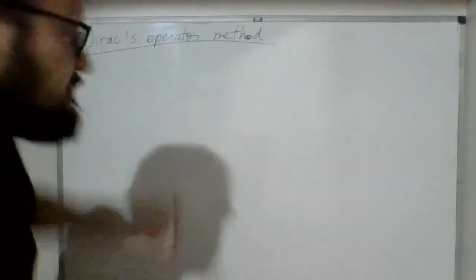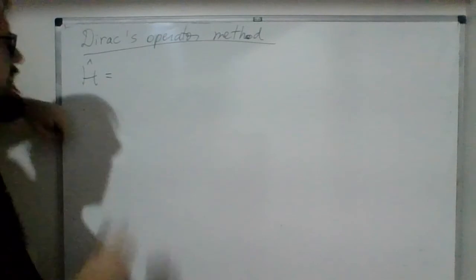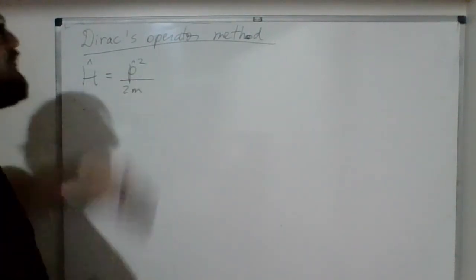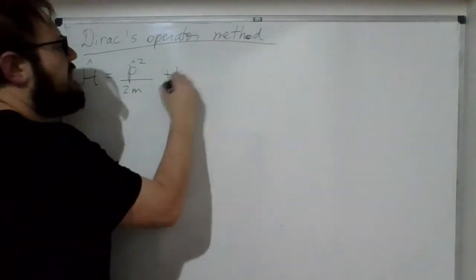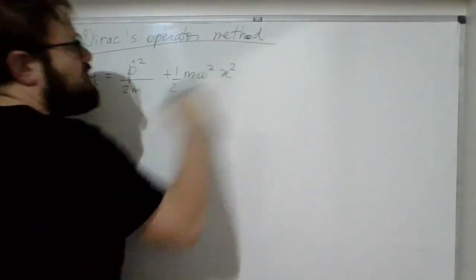Of course, you can now have this Hamiltonian for the system, which corresponds to the momentum operator squared divided by twice the mass plus 1/2 m omega squared times the position operator squared.